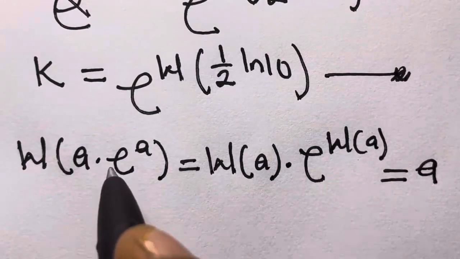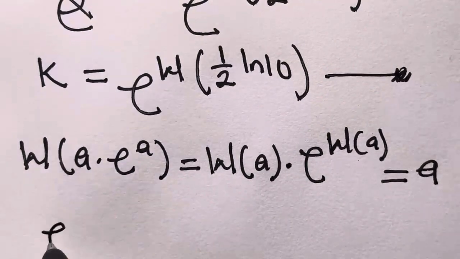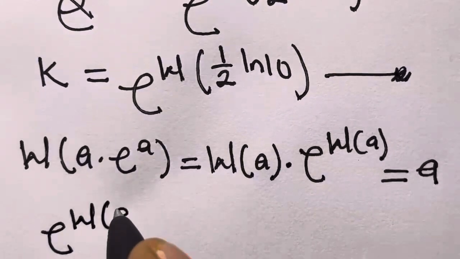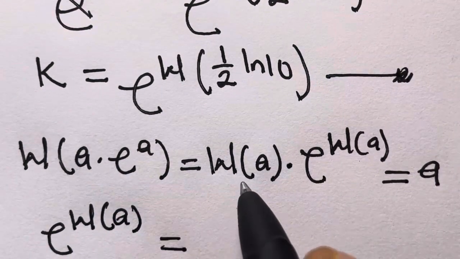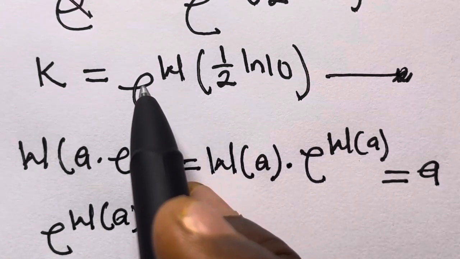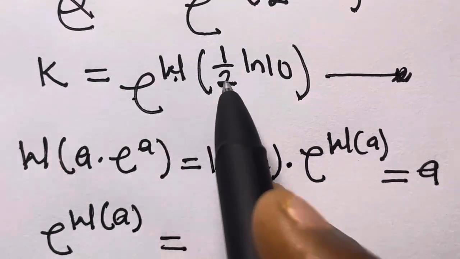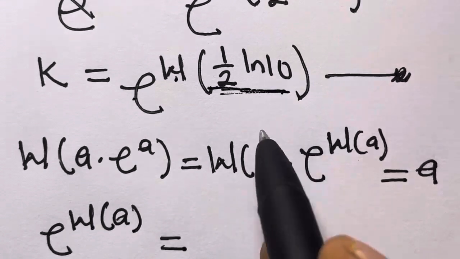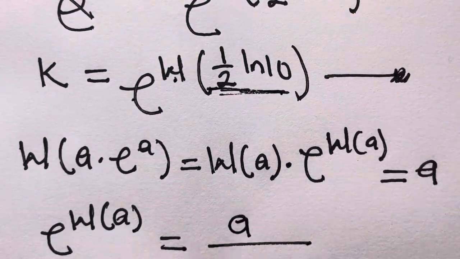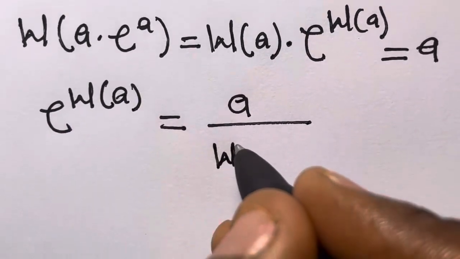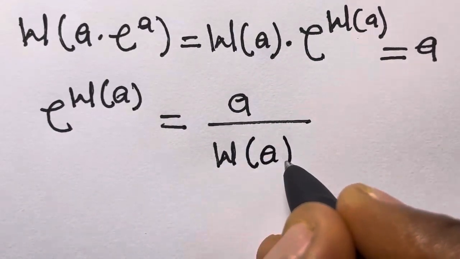So this exponential of the Lambert function of a equals a divided by the Lambert function of a.